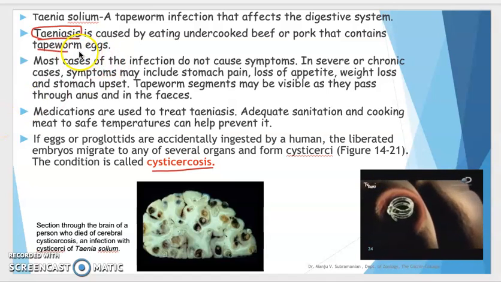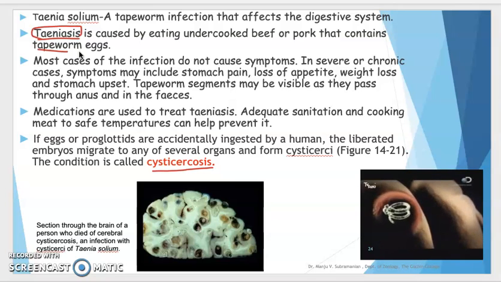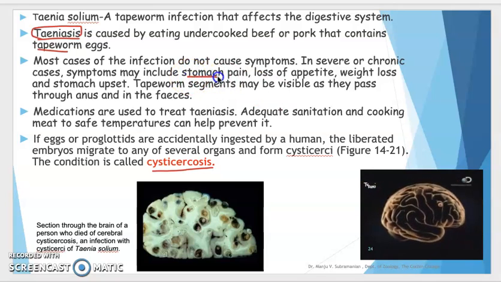As we know, the tapeworm is very long, so heavy infestation of the intestine with this tapeworm will block the normal passage of intestinal fluid and digested materials, leading to indigestion, constipation, diarrhea, abdominal discomfort, etc. In most cases the infection does not cause any symptoms, but when it reaches a chronic condition, symptoms like stomach pain, loss of appetite, weight loss, and stomach upset occur, and the tapeworm segments may be visible as they pass through the anus and in the fecal matter.